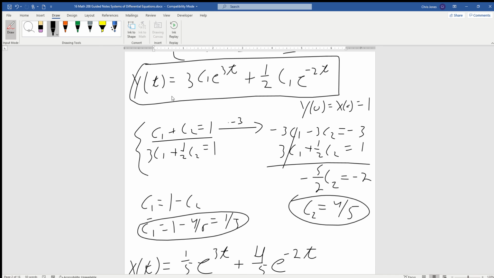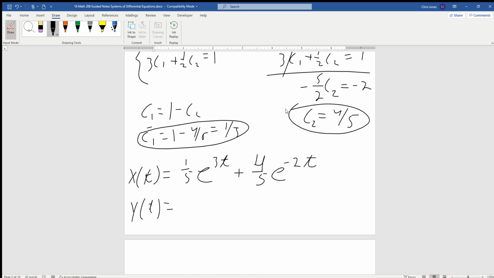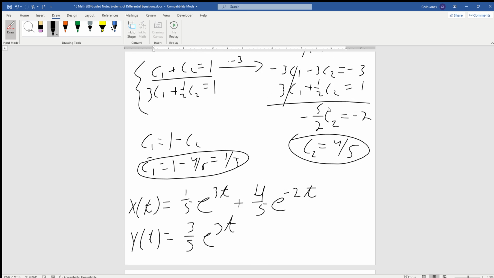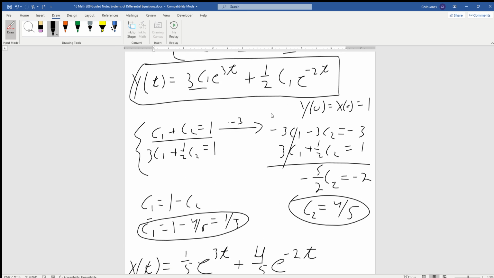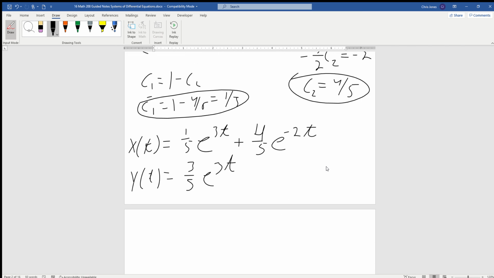Remember, for y at t, it was 3c1. So it's going to be 3 times a fifth, or 3/5 e to the 3t. And then it was 1/2 times 4/5, or 2/5. So that's going to be plus 2/5 e to the minus 2t.